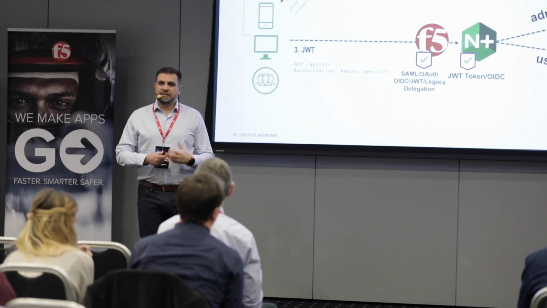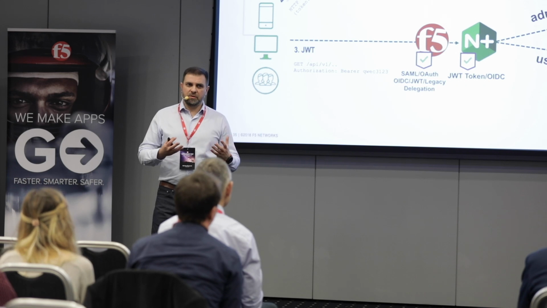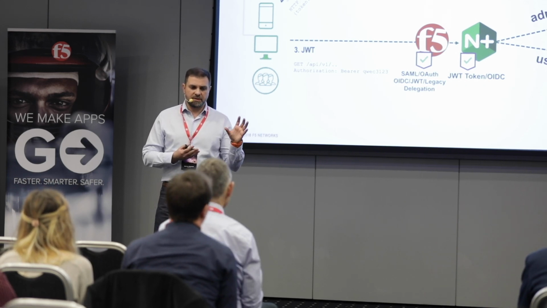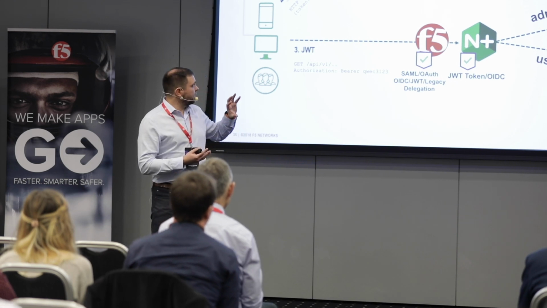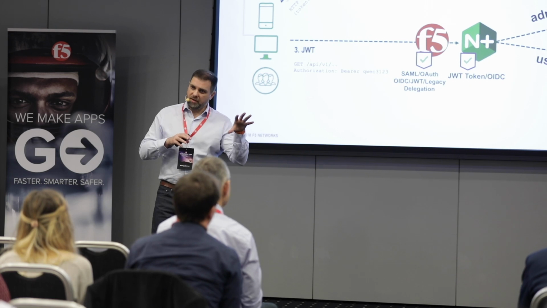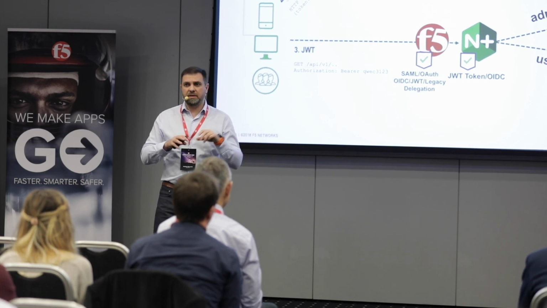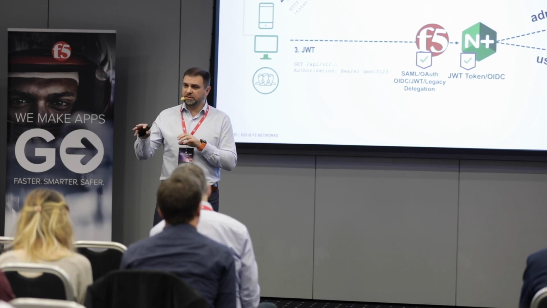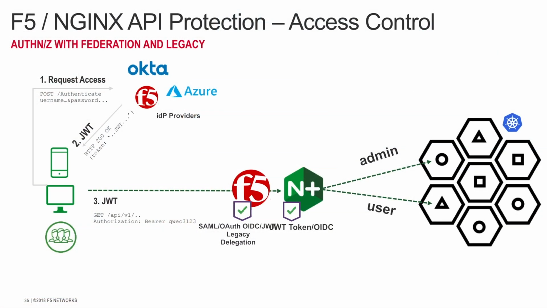Sometimes, because we acquired NGINX, you will see that you can configure almost the same features on F5, I mean on the BIG-IP, and at the same time you can also configure the same features on NGINX. And the question is, which technology should I use?